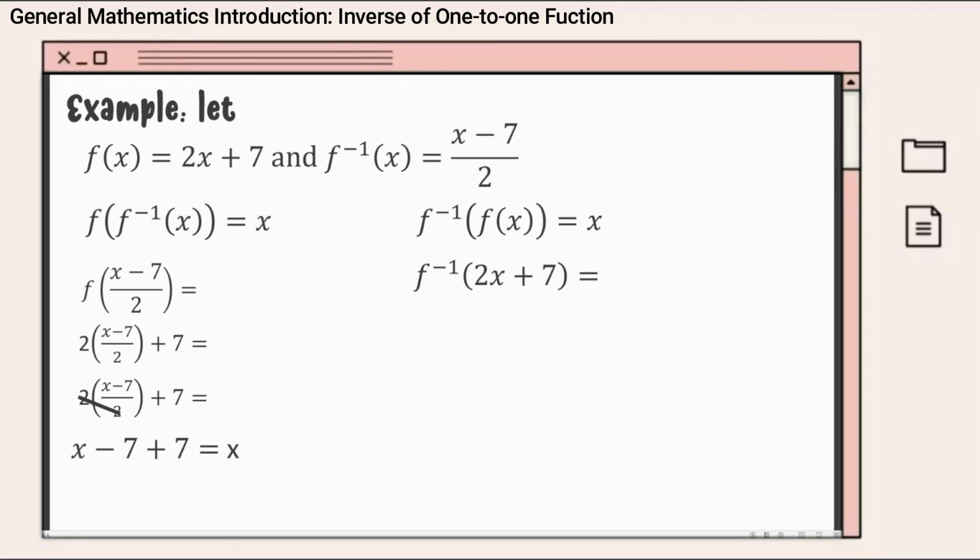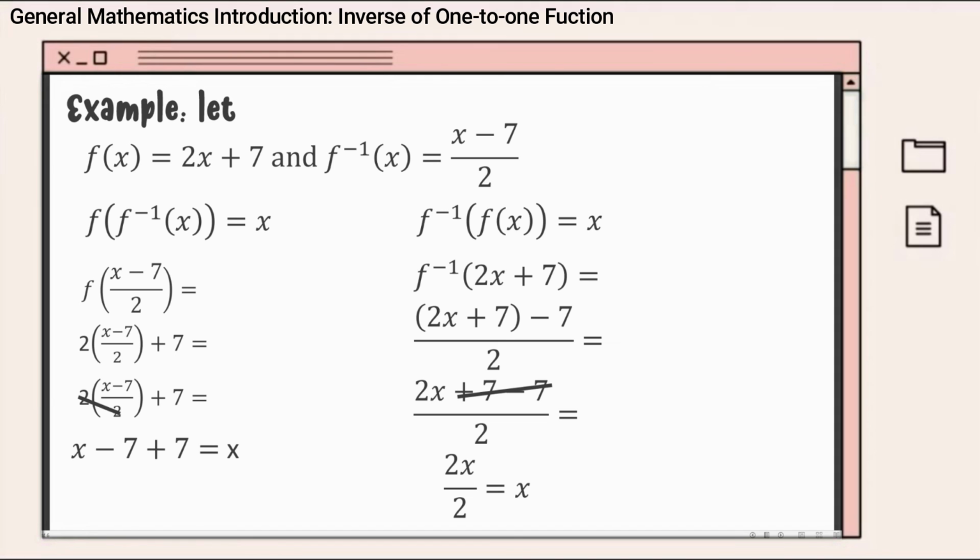So we will substitute the value of x to the given. So we have 2x plus 7 minus 7 over 2. So we can cancel out here the plus 7 and minus 7. So we have 2x over 2 is x. So we can conclude that f of x is equal to 2x plus 7 and f inverse of x is equal to x minus 7 over 2 are inverses of each other.